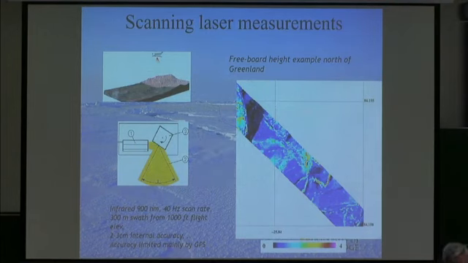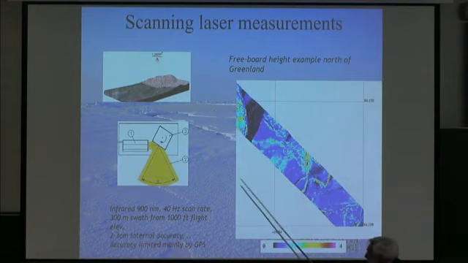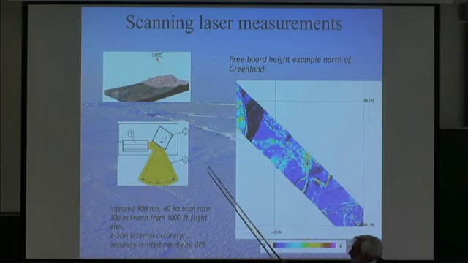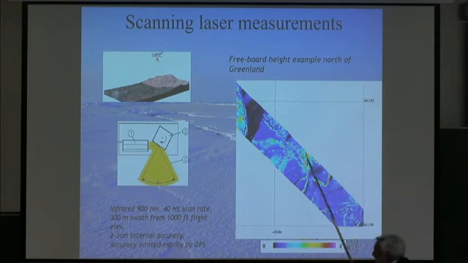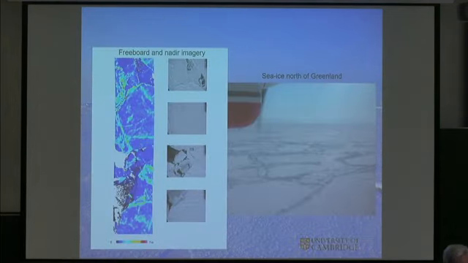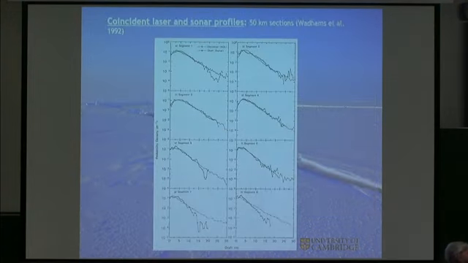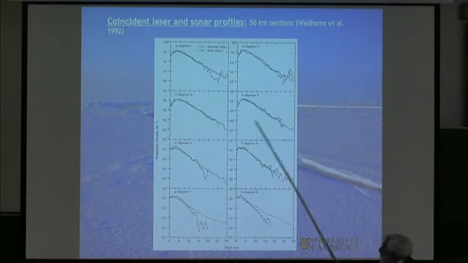So that's submarines. With laser, you get scanning lasers, which you have now, using a rotating prism, which gives you something very much like multi-beam sonar, and it's quantitative as well. So you can see the top surface shape and roughness from the laser, and the bottom surface from the sonar. And we've done experiments where we've compared the two.